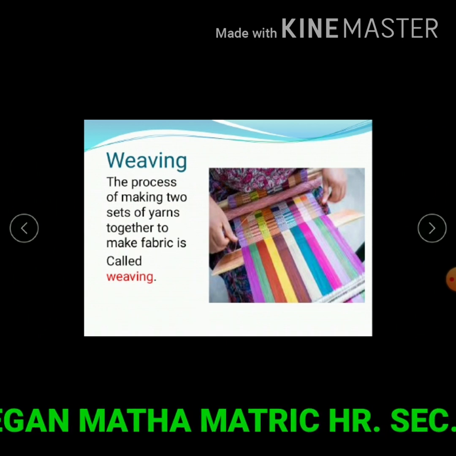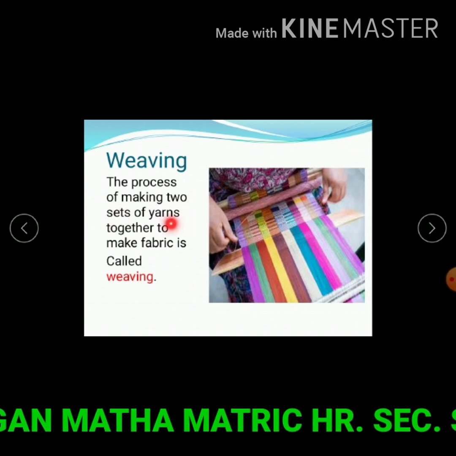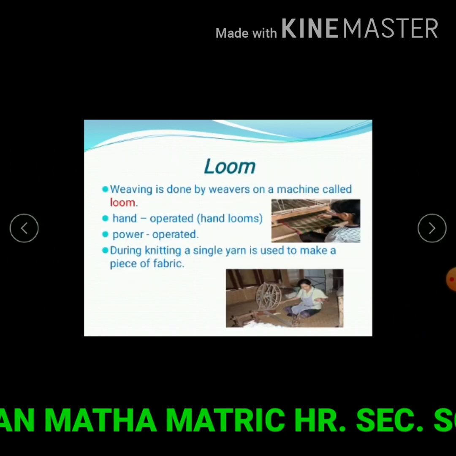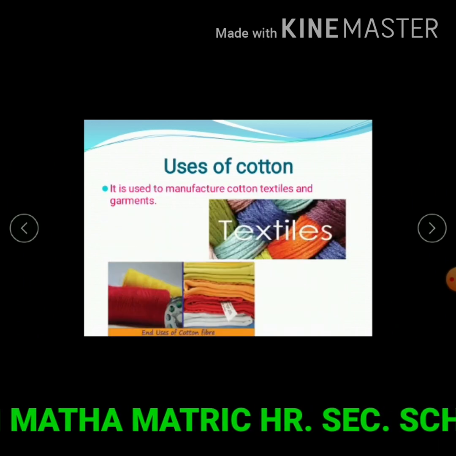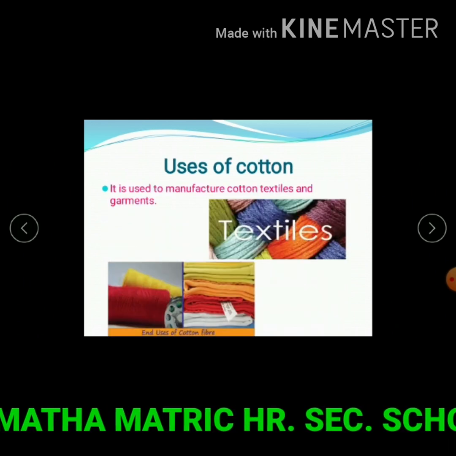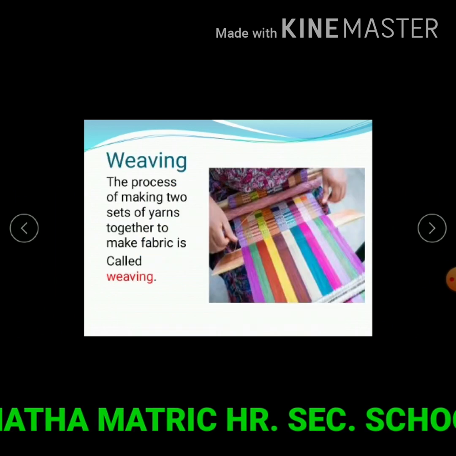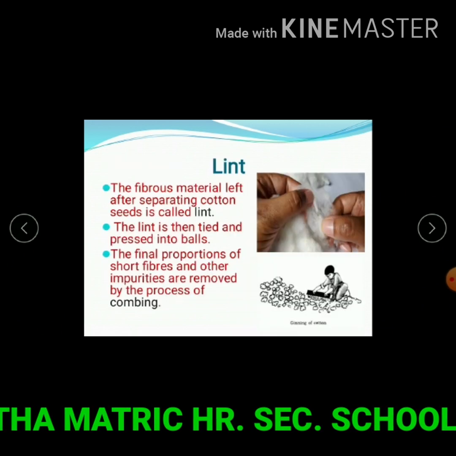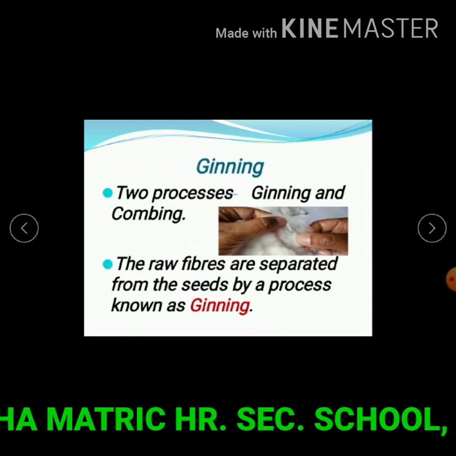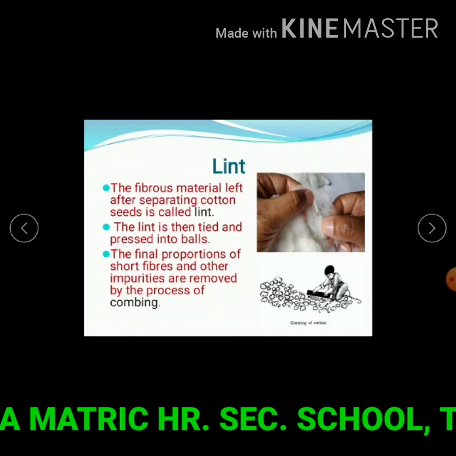These are the processes used to make cotton fabric from cotton fiber.